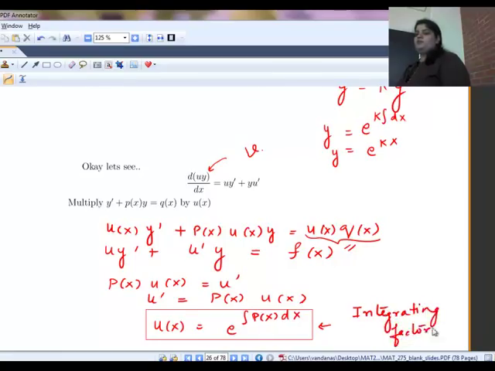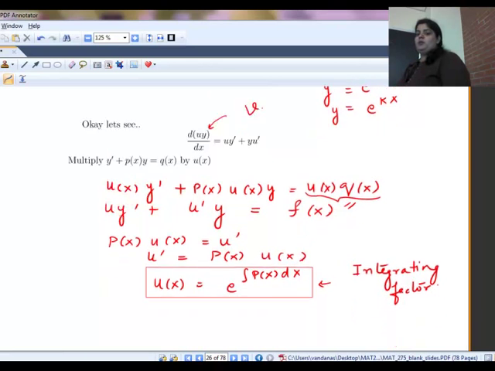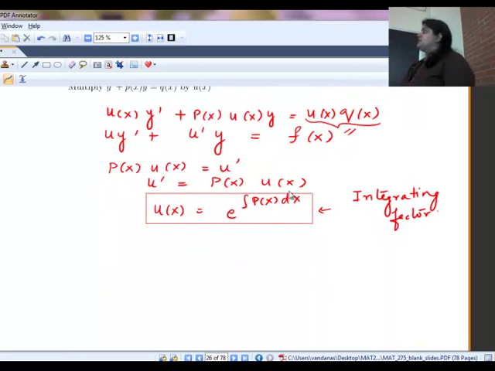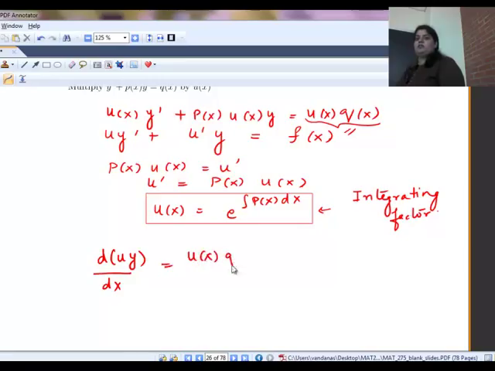It will be helpful in solving the homework problems, the last ones. So this is the integrating factor. Once you have the integrating factor, you multiply with y. So d(uy) over dx is your u(x) times q(x), which is f(x).